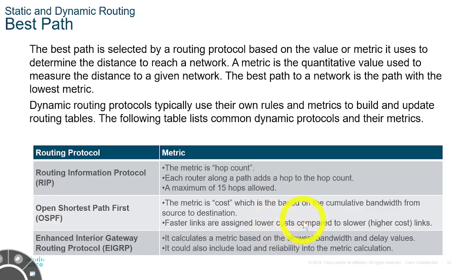So you calculate the cumulative bandwidth: you don't add the bandwidth itself, you add the value related to this type of bandwidth. So faster links are assigned lower costs compared to slower links. Enhanced Interior Gateway Protocol, EIGRP, calculates a metric based on the slowest bandwidth and delay values. It could also include load and reliability in the metric calculation.